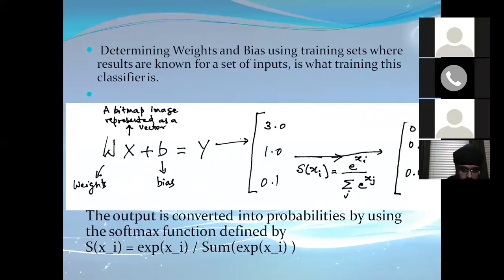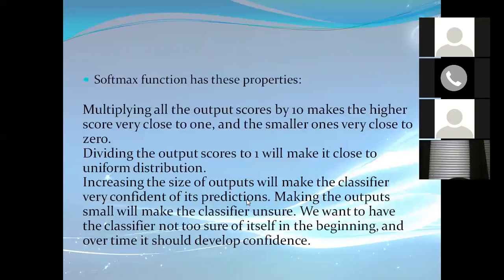This is what we are trying to get at. What this does is it makes sure the numbers you get eventually look like probabilities. So if you add them up, you're going to get 1. So you apply a softmax function and get that. There are some properties of the softmax function, but let's ignore that for now.